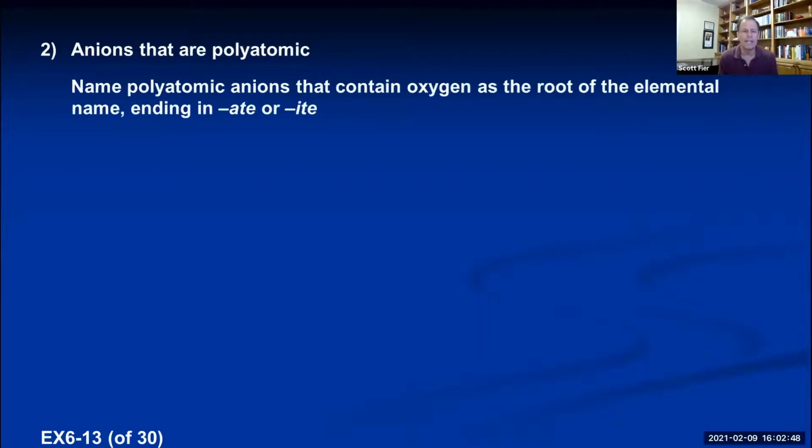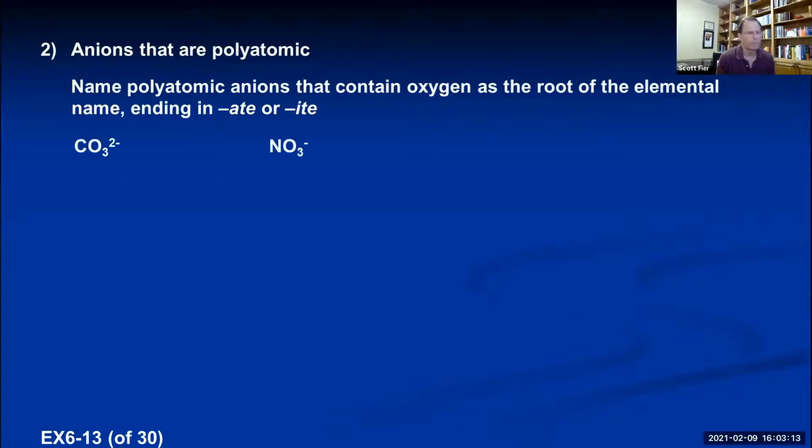We're going to use ATE or ITE. And this is what indicates to you the polyatomic anion contains oxygen. So you name any polyatomic anion that contains oxygen as the root of the element that's bonding to the oxygens, and then you make the ending ATE or ITE.